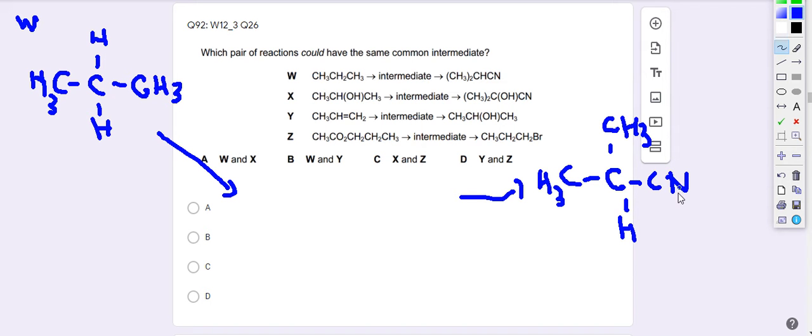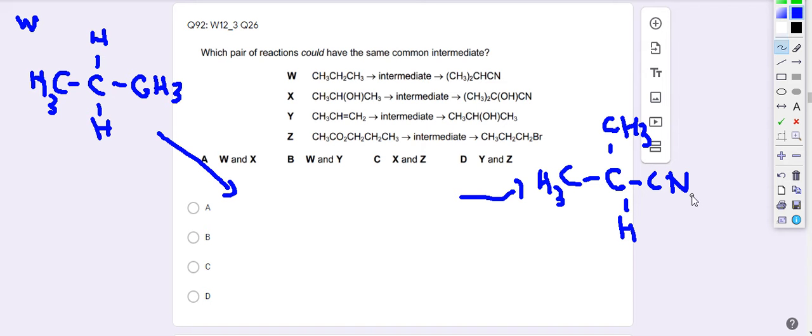So let's check what's the difference between this and this. One more CN is being added to this carbon. This carbon, you see, H, CH3, CH3, H. This will be H, CH3, CH3, but CN here. So how can we turn this? What can we replace this H with so that later this H can be replaced by CN?